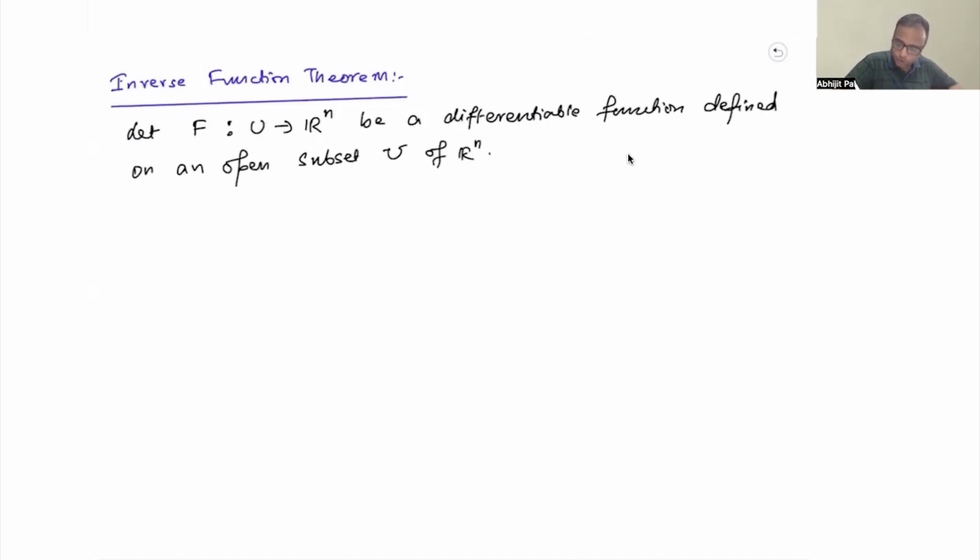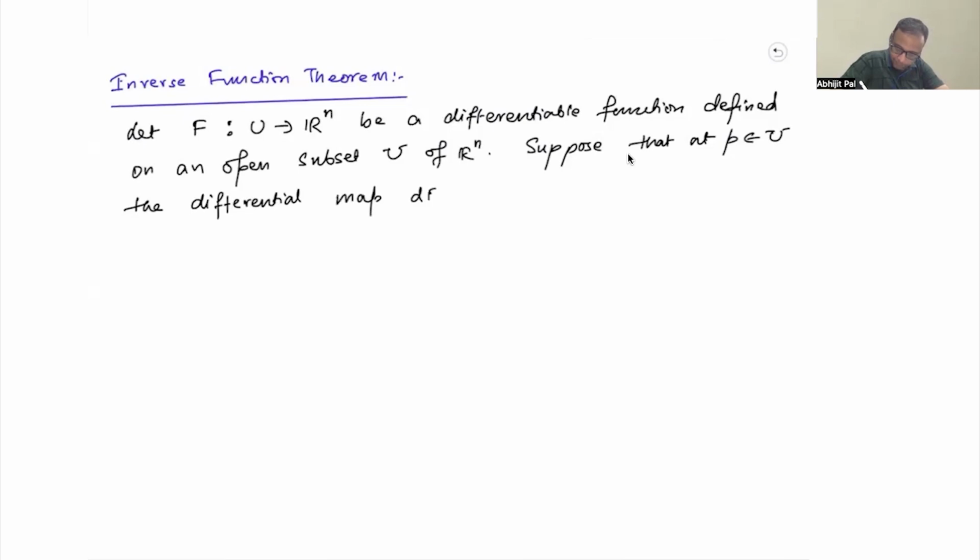Now suppose that at p belonging to U, the differential map, which is a linear map from Rn to Rn, is an isomorphism.